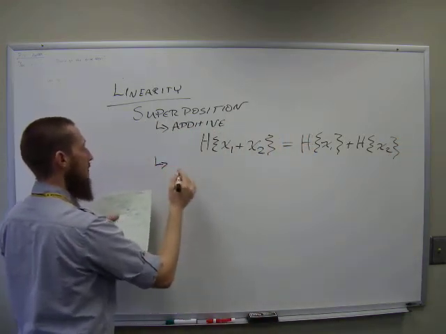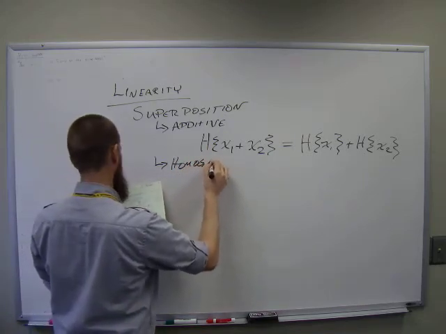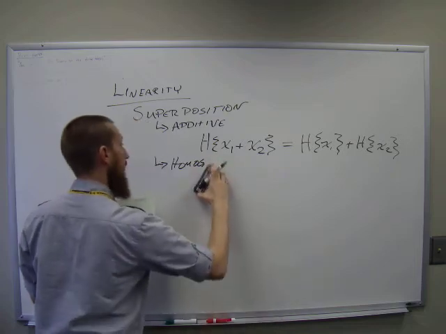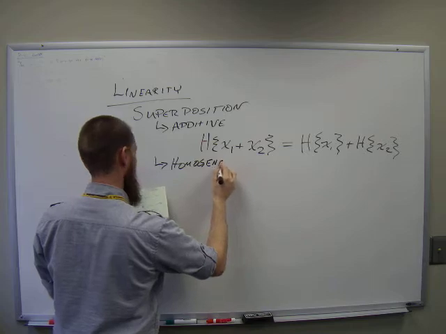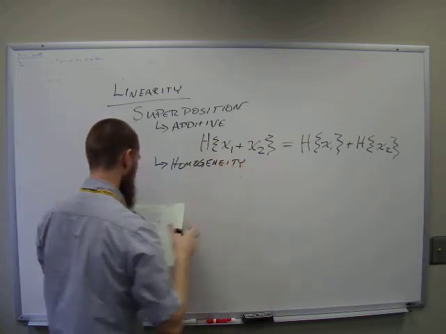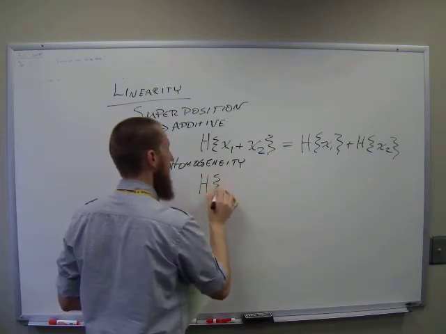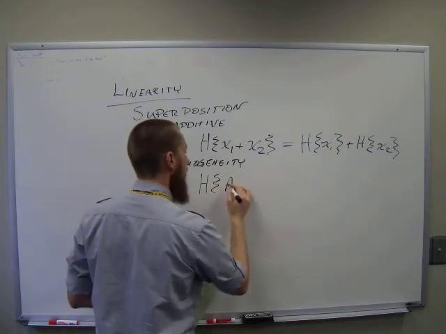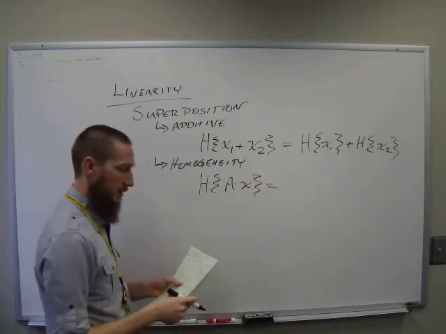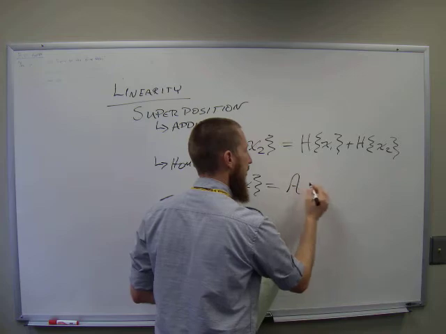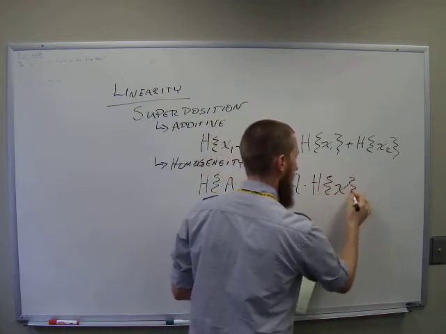The second property of superposition is homogeneity. This property states that if you have some system H that is acting on a constant multiplied by a signal x, then this is going to be the same as that constant multiplied by the system acting on signal x.